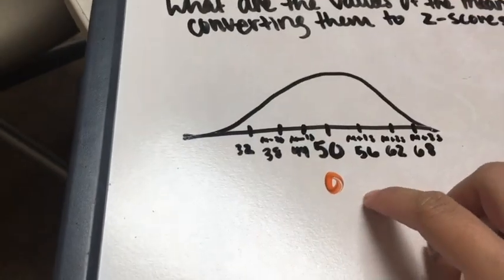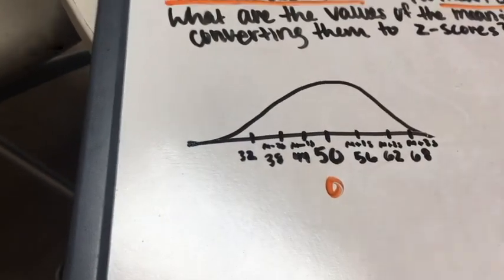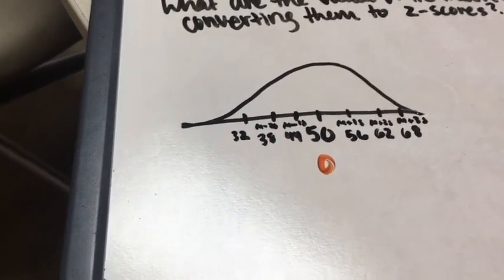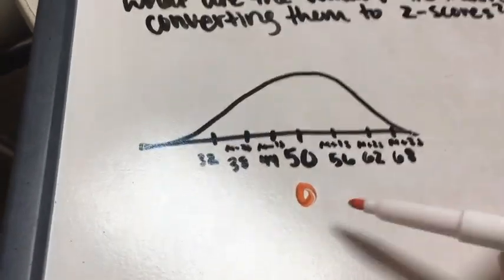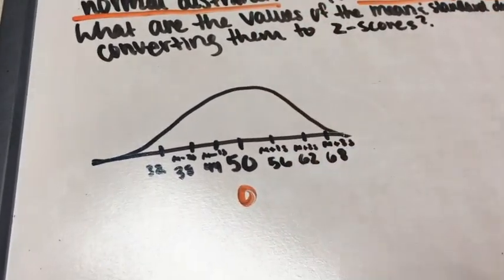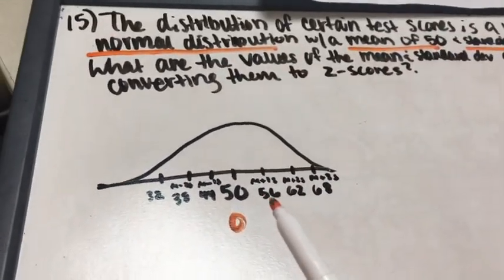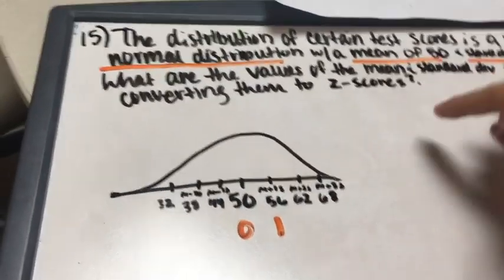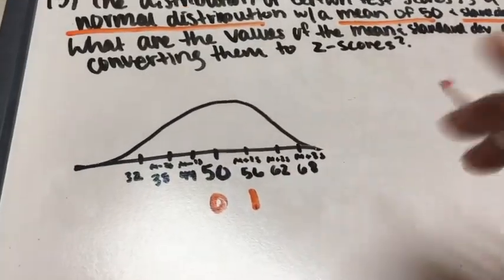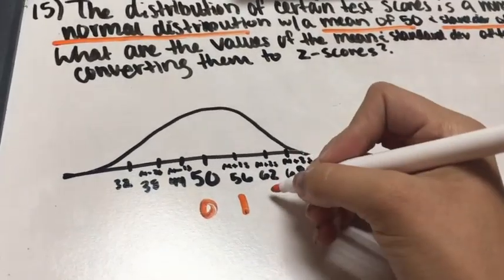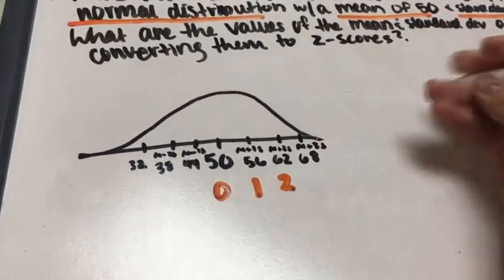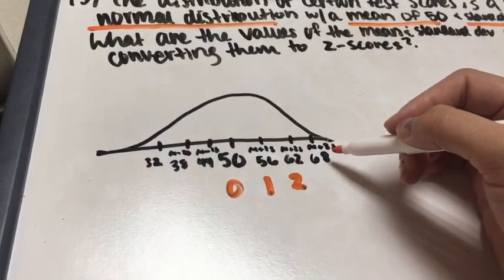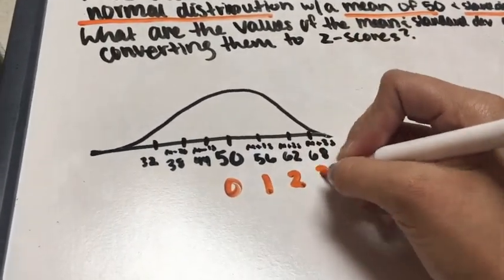And your z-scores are going to be how many standard deviations a number is either above or below the mean. So 56 is exactly 1 standard deviation above your mean, so it has a z-score of 1. But 62 is 2 standard deviations above, so it has a z-score of 2. And then 68 is 3 standard deviations above, so it has a z-score of 3.